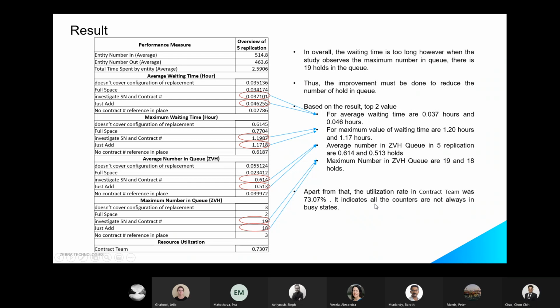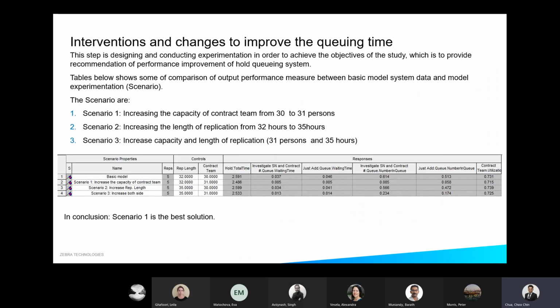Okay, and then we need to make an improvement to reduce the number of holds in the queue. So these are the interventions of change to improve time.